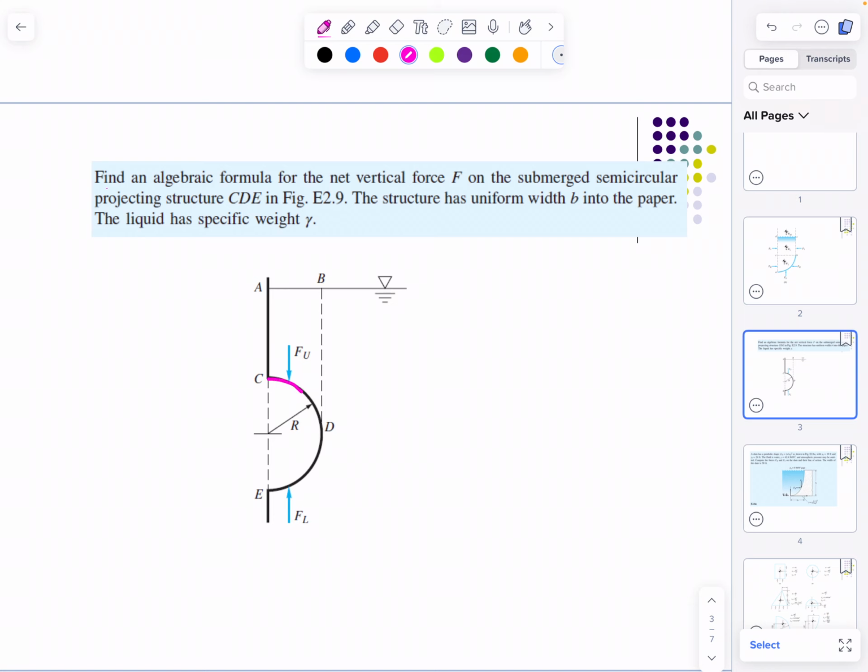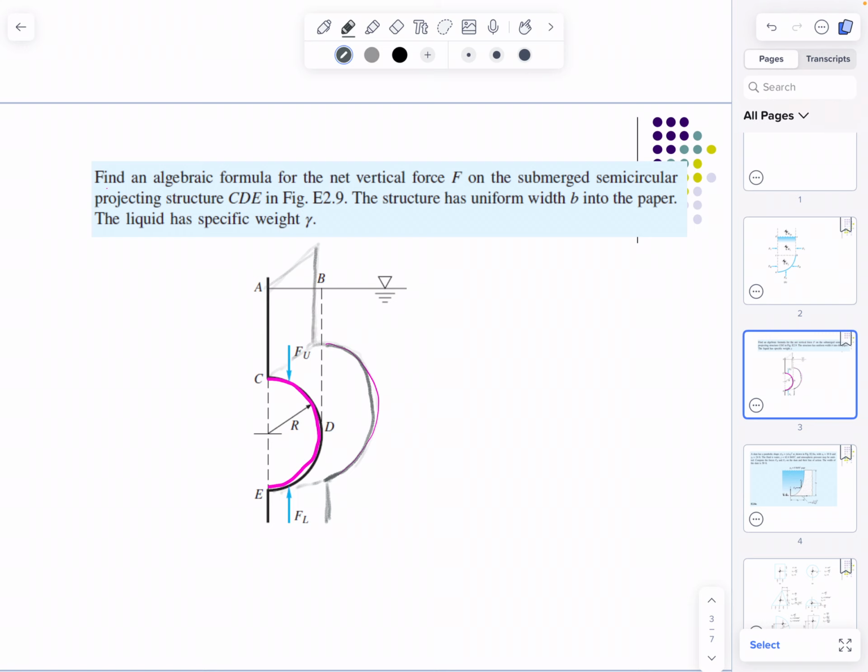Okay, CDE in this figure. The structure has uniform width B into the paper. So you need some imagination here. Okay, let me try to draw it. I will try my best to draw it. But this structure actually is like this. If you consider it to be 3D, it looks like part of, I don't know, this shape.